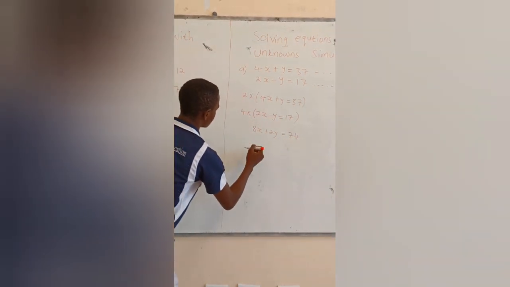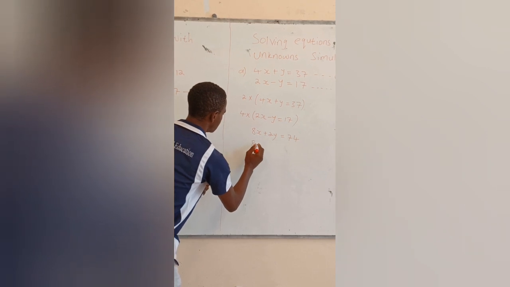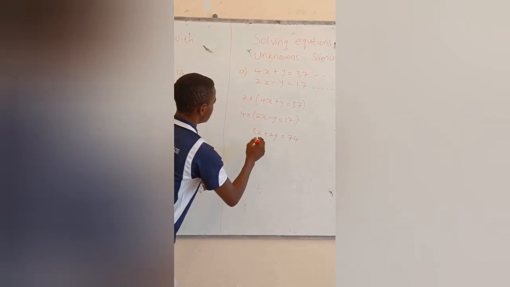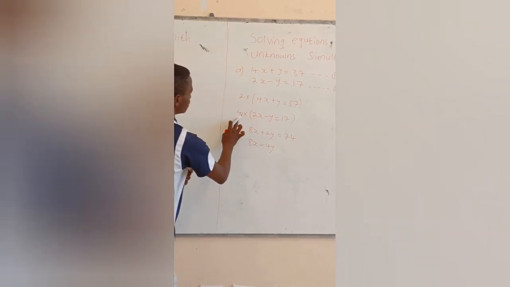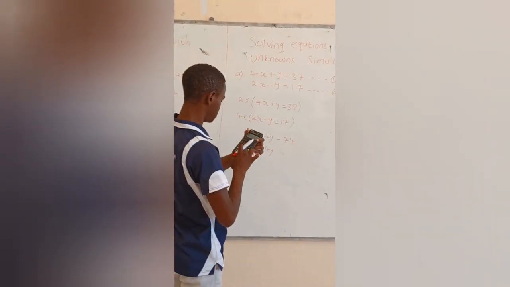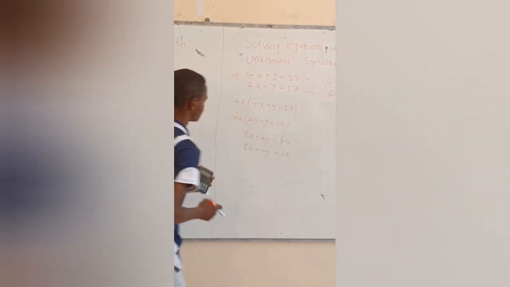And 4 times 2 is equal to 8x. 4 times negative y is equal to negative 4y. And 4 times 17 is equal to 68.